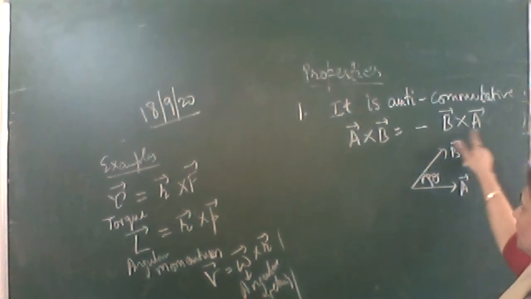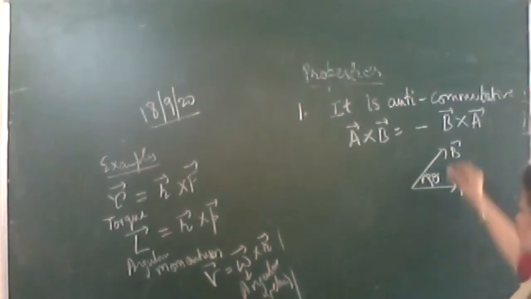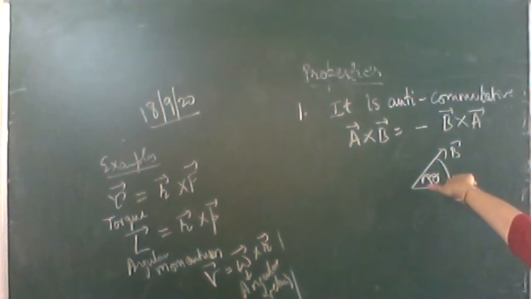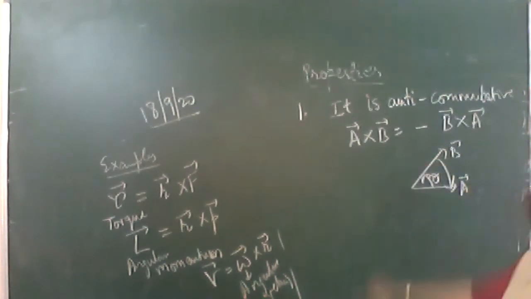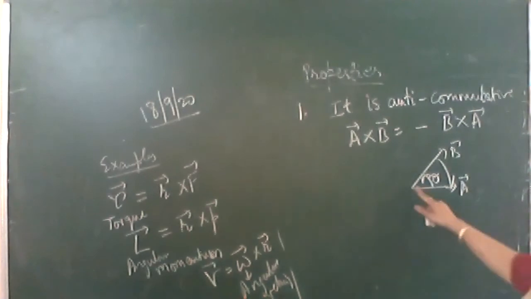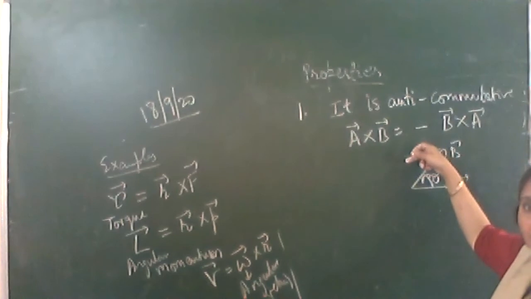Now let's find out B cross A. Now the first vector is B, the second vector is A. Curl your fingers of the right hand from B to A along theta. Where is the thumb going? The thumb is perpendicular to the plane of the board inwards. So A cross B is outwards, B cross A is inwards.